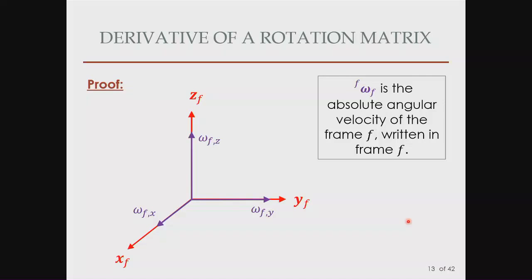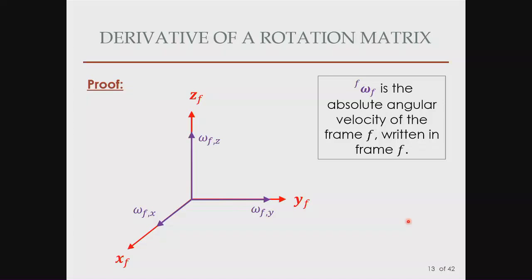Remember, angular velocity of the frame tells you how the frame rotates over time, or in a specific instant. So this component says there is this motion about this axis, and it means that yF will move slightly upwards and zF would move slightly into the slide, around this omega Fx, or around xF.